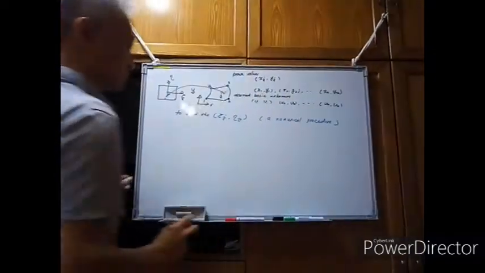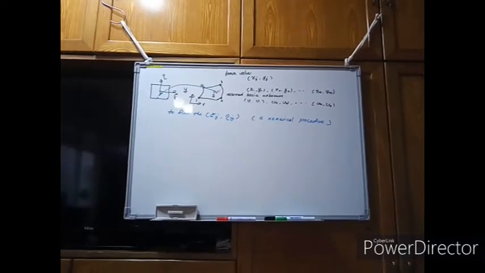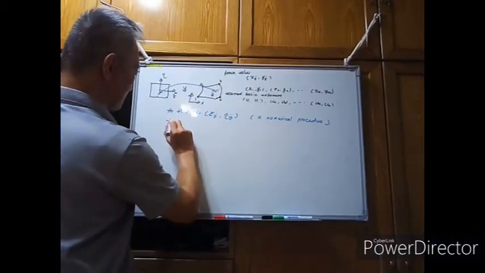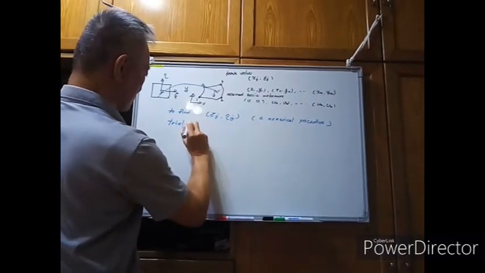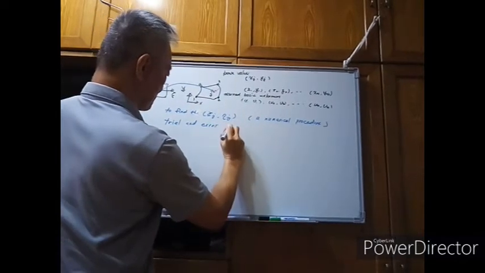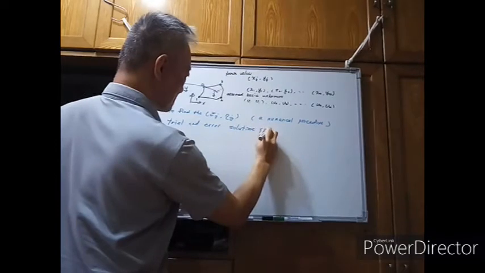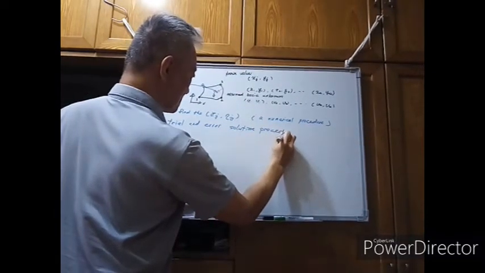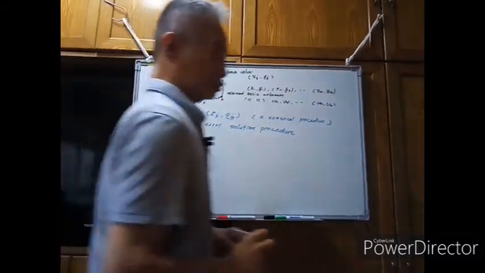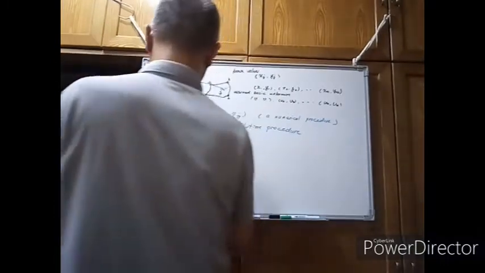How can we use a numerical procedure to find the xi j and the eta j? It is a trial and error. Okay, so it is a trial and error solution procedure. So first we will try it.